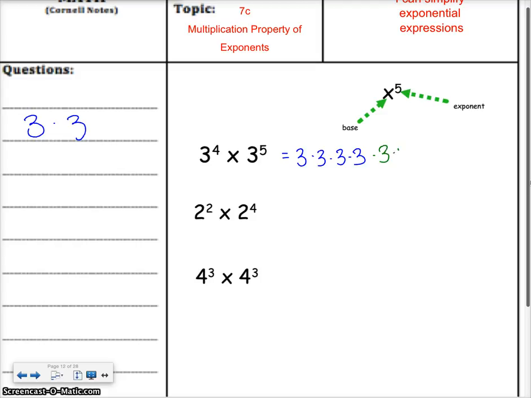And then I can condense it back up. And this is really 3 to the, how many 3's do I have? 1, 2, 3, 4, 5, 6, 7, 8, 9. 3 to the 9th. I wonder if there's a pattern. Do not say if there is, but I bet you there is a pattern.